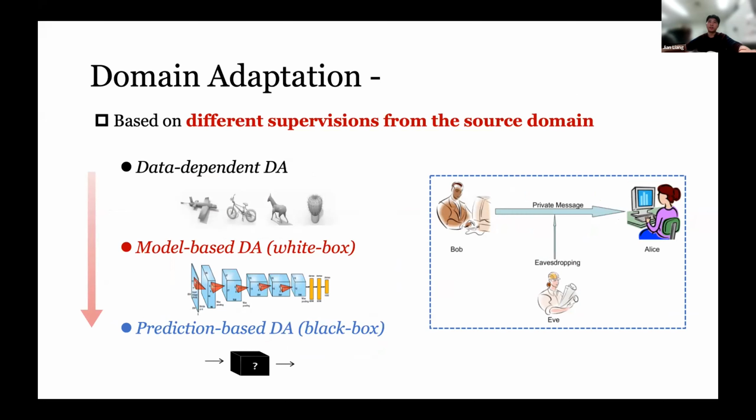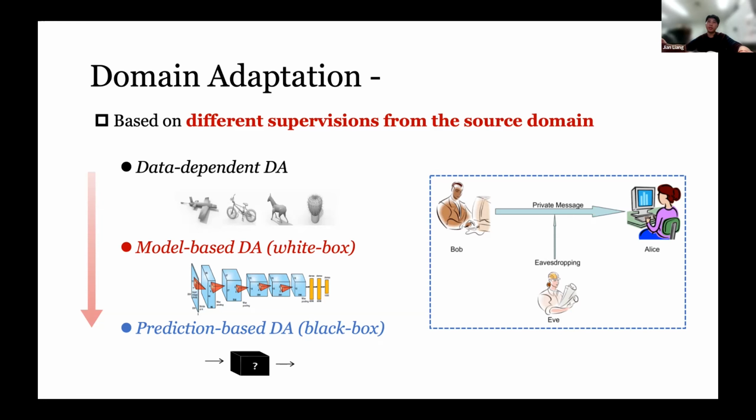For model-based domain adaptation, also known as white-box domain adaptation, we only have the source model trained on the source domain, without using the original source data. And the final category is called prediction-based domain adaptation, also known as black-box domain adaptation.